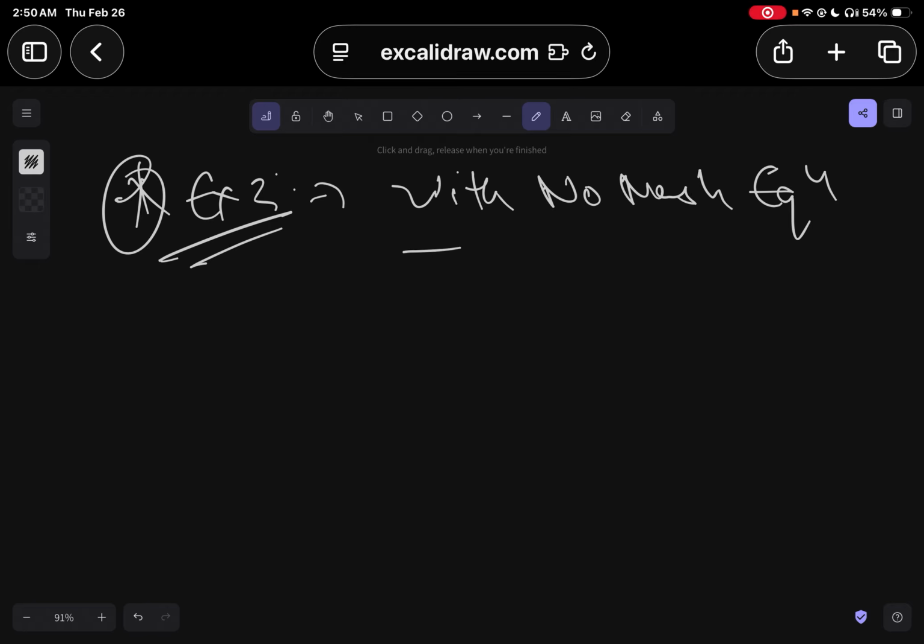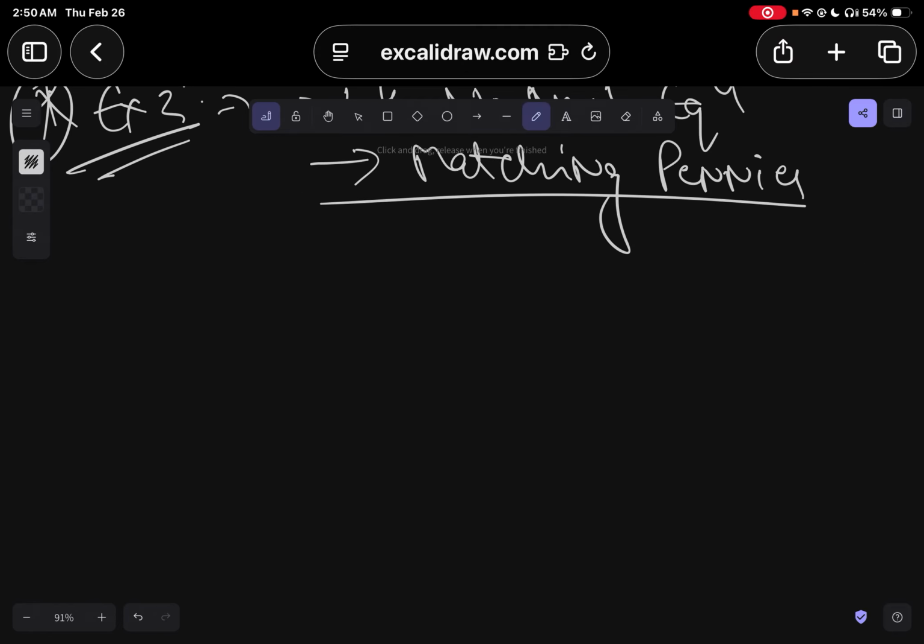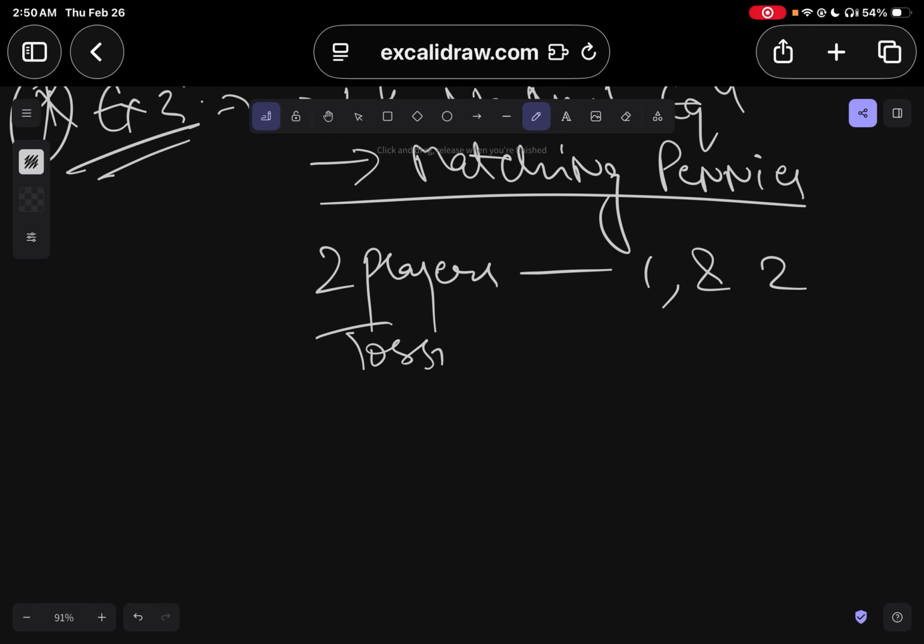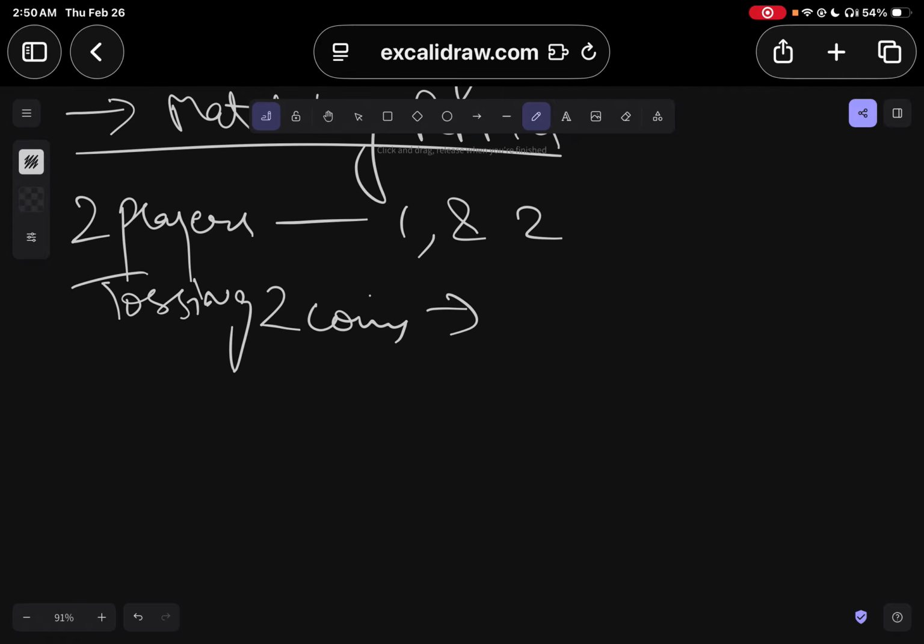The game is matching pennies. There are two players, 1 and 2, tossing two coins. The strategy is to choose heads or tails.